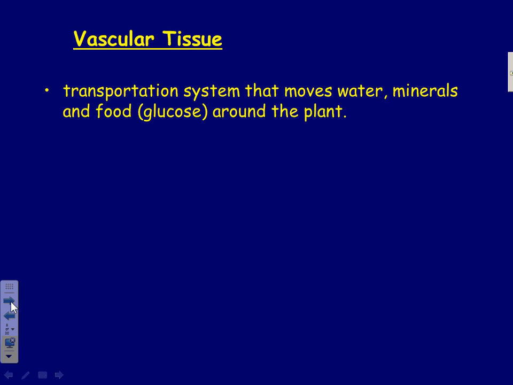So vascular tissue is like our circulatory system. If we were to compare it to something that we've already talked about, it's like the veins and kind of the arteries. Plants don't have blood, but they do move water up from the roots.